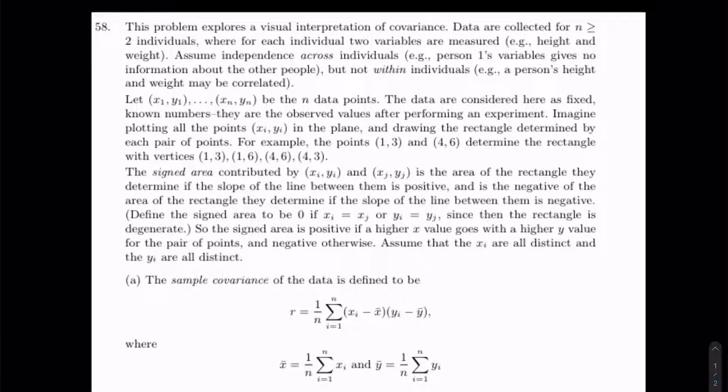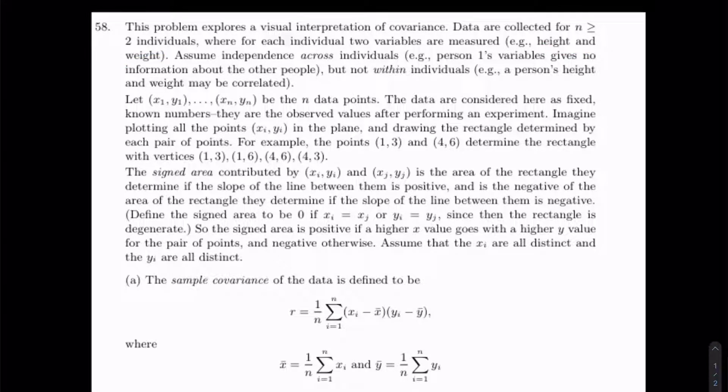So this problem explores the visual interpretation of covariance. Here we're given the information that data is collected for n more than 2 individuals, where for each individual we have 2 variables, for example, measuring heights and weights.